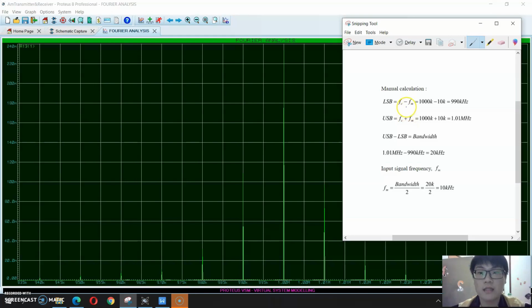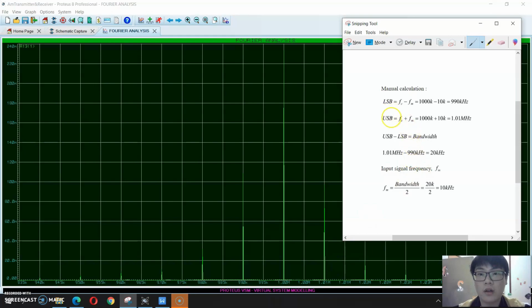The LSB is equal to the carrier frequency minus the input frequency. It's 1000K minus 10K, which is equal to 990 kHz, the same as the lower sideband in the graph. The upper sideband is fc plus fm, equal to 1.01 MHz, the same as the 1.01 MHz shown in the graph.